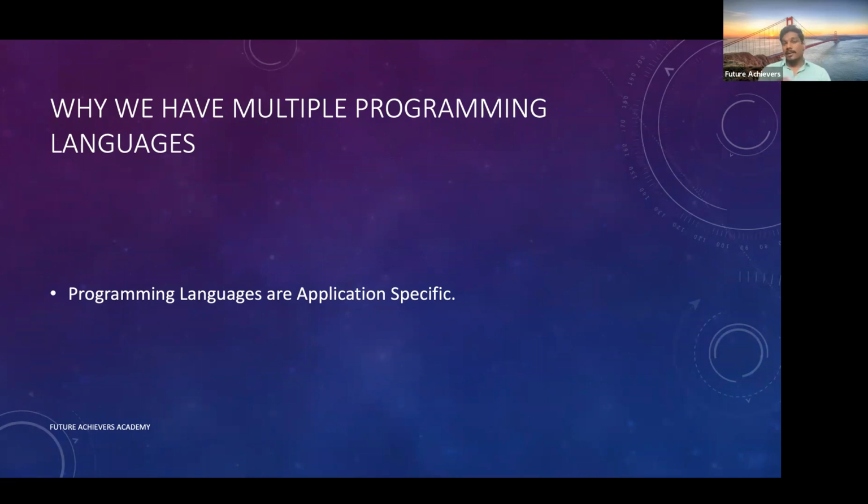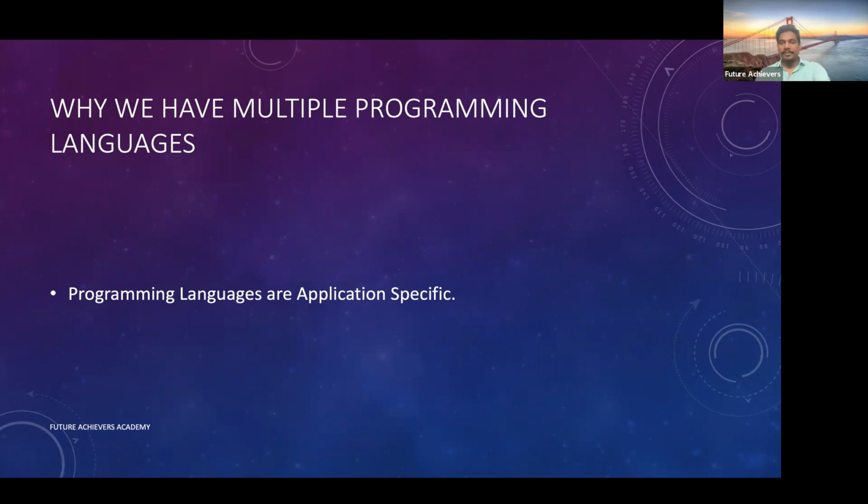The web-based front end mostly uses JavaScript and HTML. And these days, Kotlin is the new language. So there are plenty of programming languages, and each one is used to implement different applications. So these are application specific.